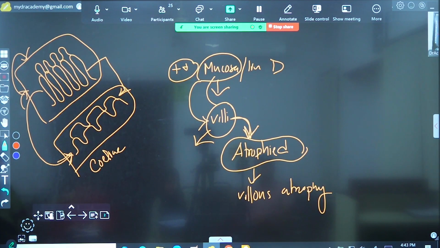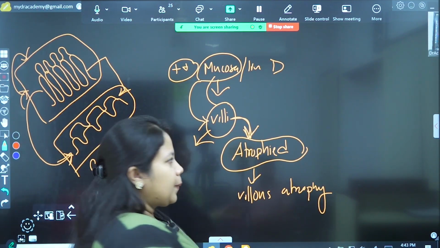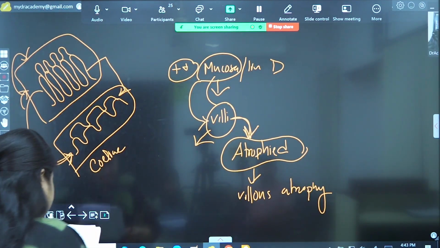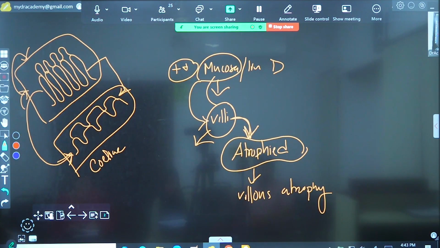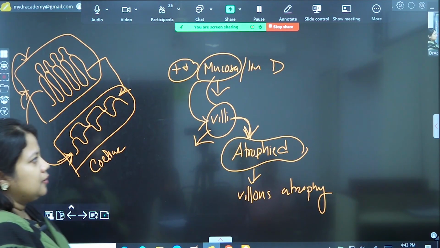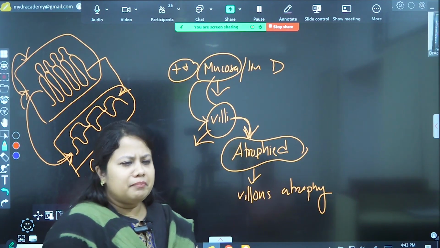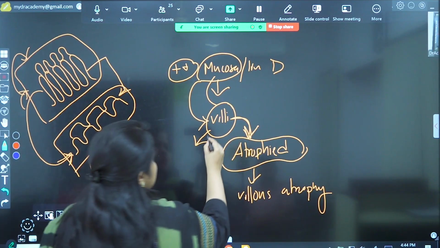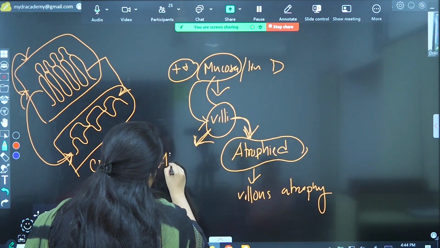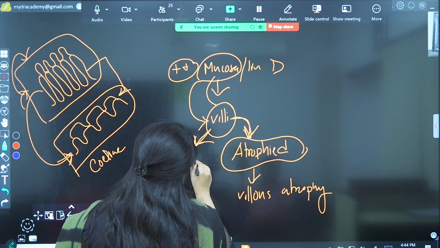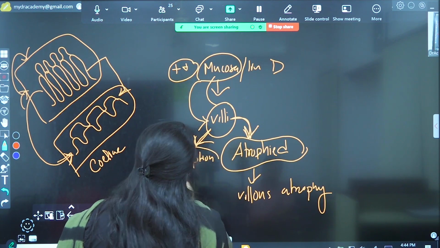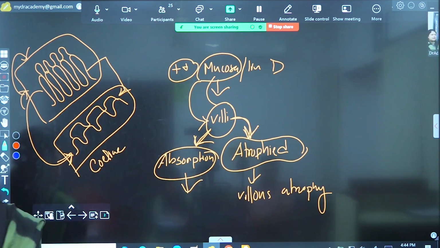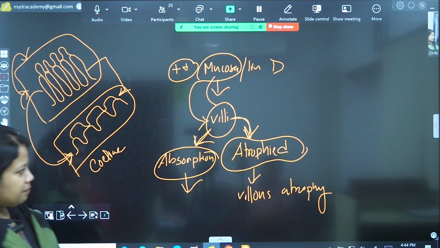Now tell me, what will be the function of these villi? They increase the absorptive surface of the intestine. In brief, villi help in absorption, right? So whenever the villus is atrophied, is this function intact or not? Hampered.